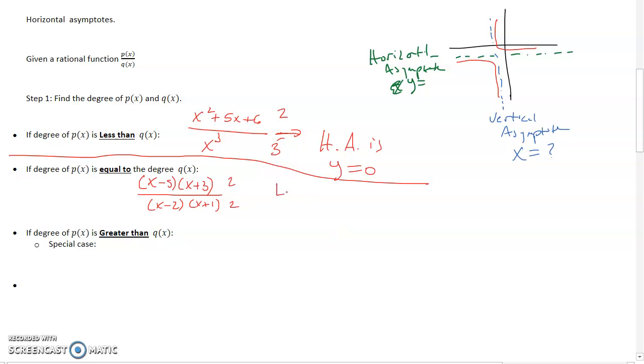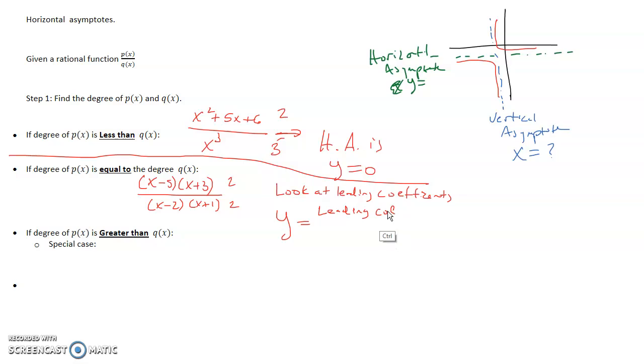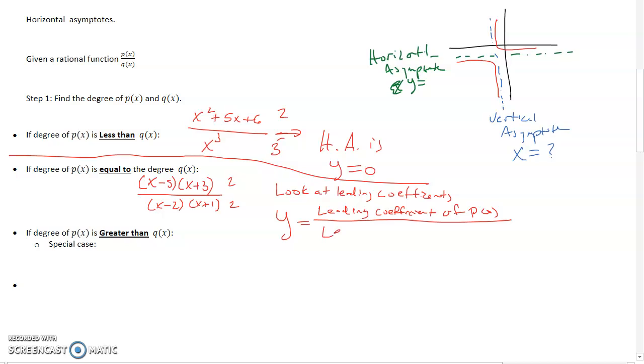We have to look at the leading coefficients, and the horizontal asymptote would be y equals the leading coefficient on top over the leading coefficient on the bottom.